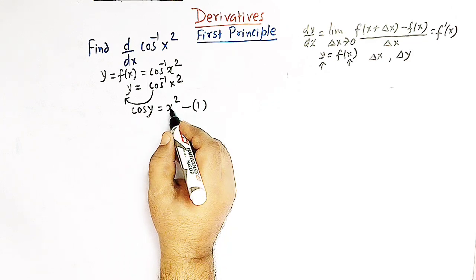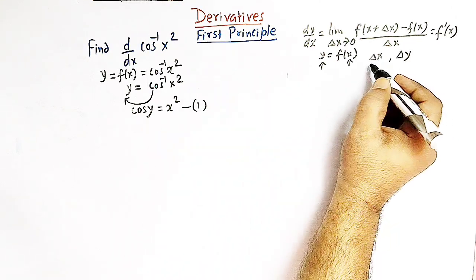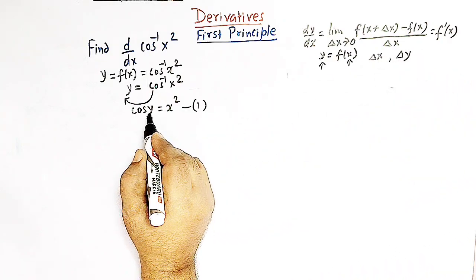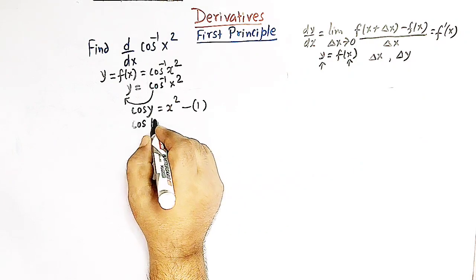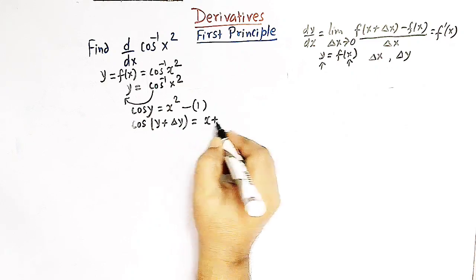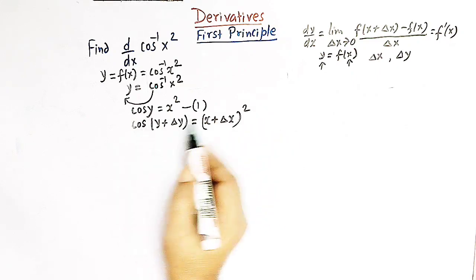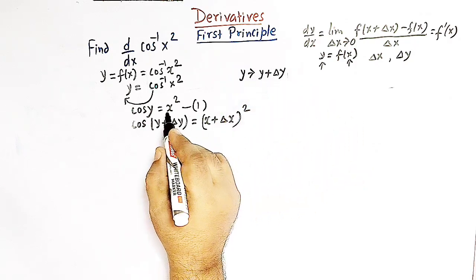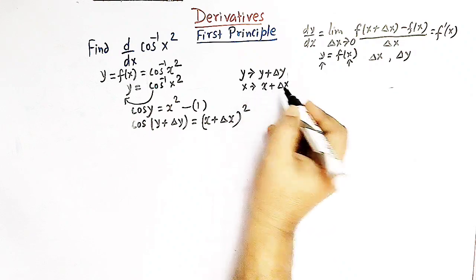So now let us make a small increment in x, which is delta x, and the corresponding increment in y is delta y. So we can now write cos of y plus delta y is equal to x plus delta x square. So y is now replaced by y plus delta y, and x is replaced by x plus delta x, right?